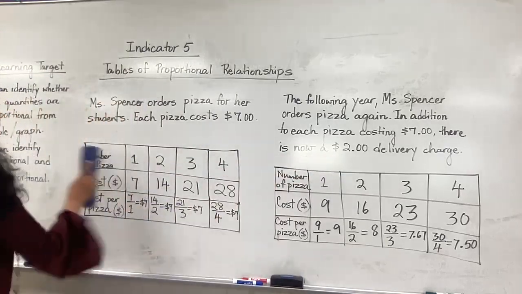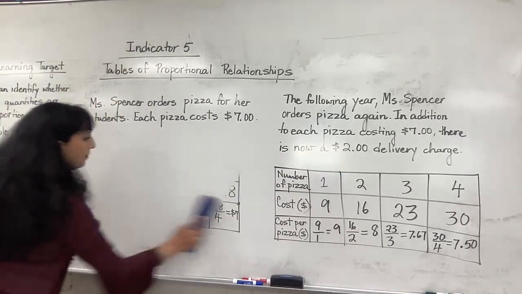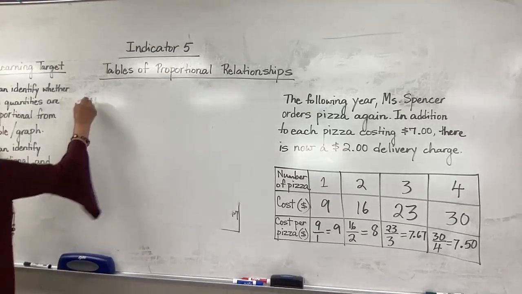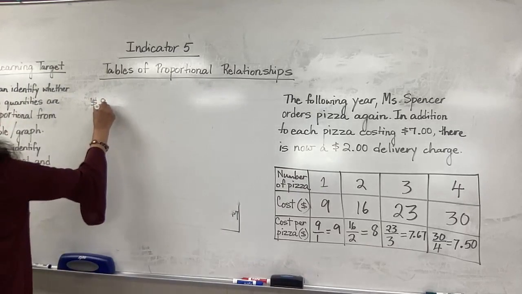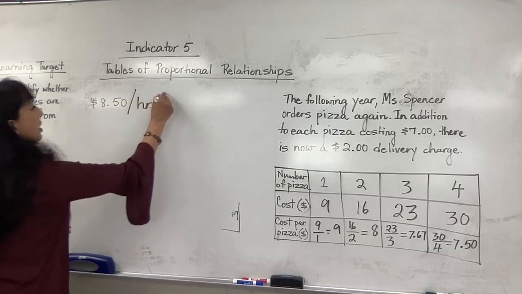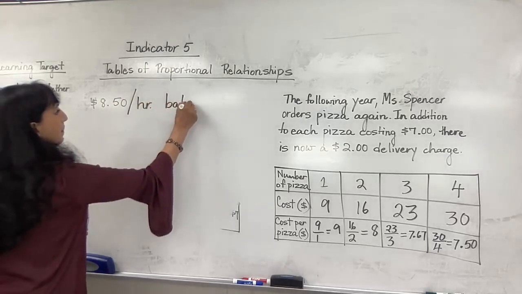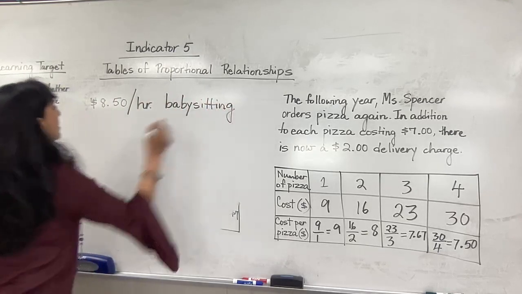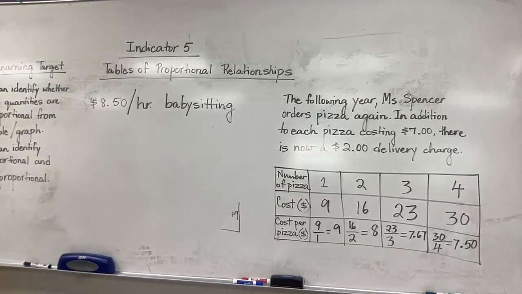Okay. So let's do another problem. And I just said that you are earning $8.50 per hour babysitting. Okay, let's see if this turns out to be a proportional relationship.